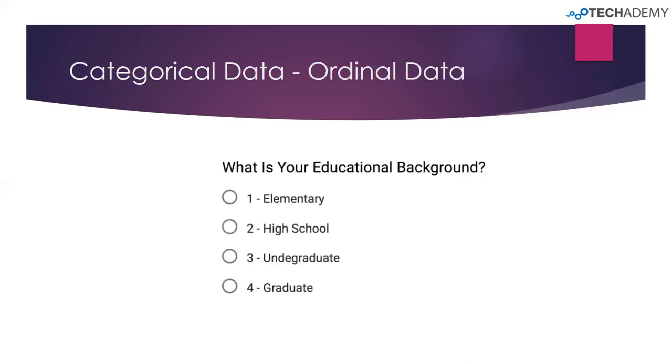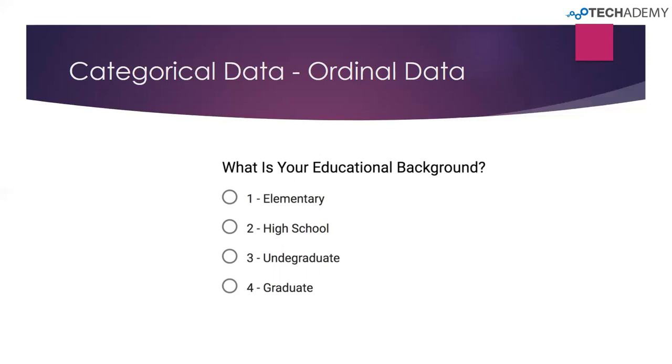In categorical data, we also have ordinal data, and ordinal data is the same as nominal data, but it has a logical order to it. So the different values in ordinal data have some logical order inside them. Like in this example, the educational background: first elementary, then high school, then undergraduate, then graduate.